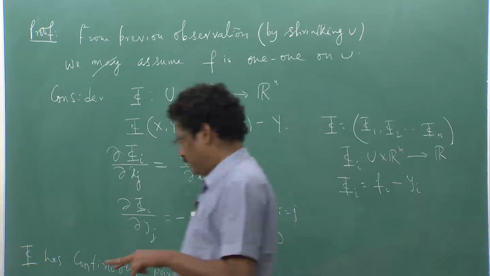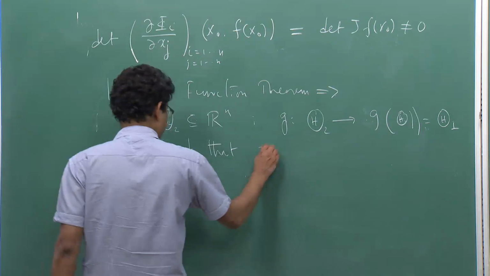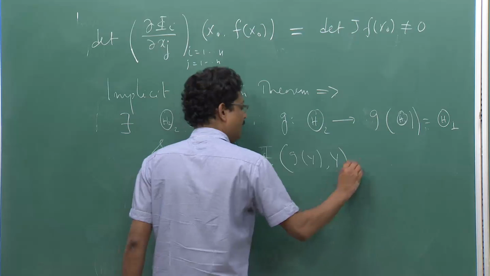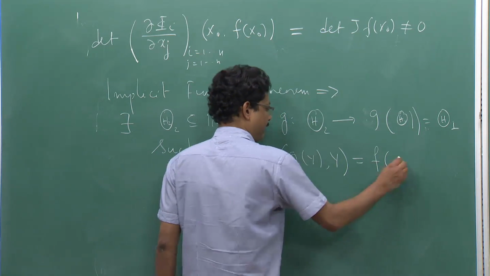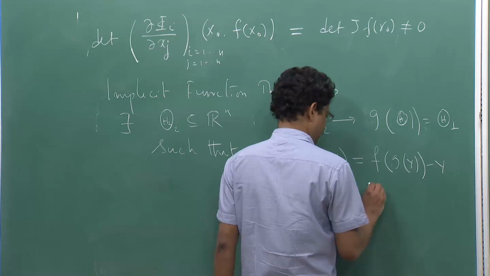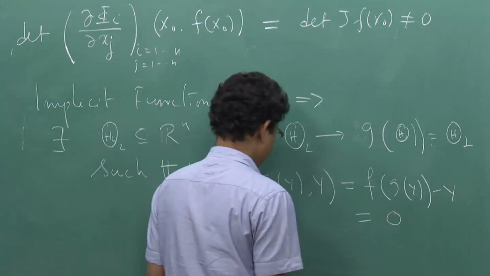So, phi of (g(y), y) is equal to f(g(y)) minus y, which is actually 0.